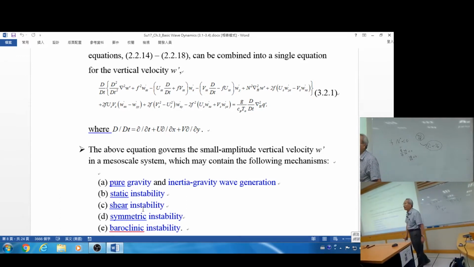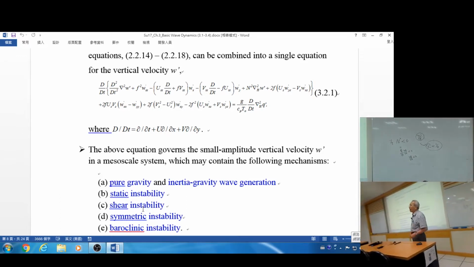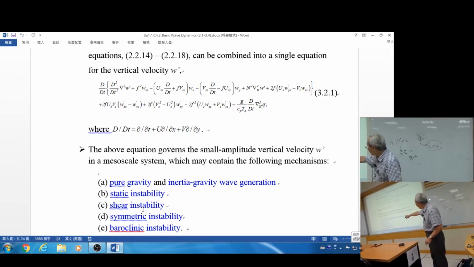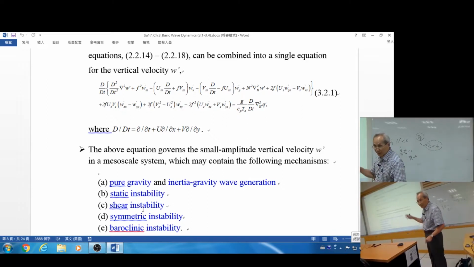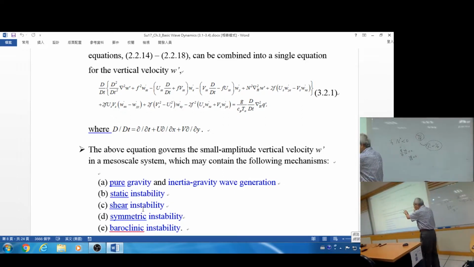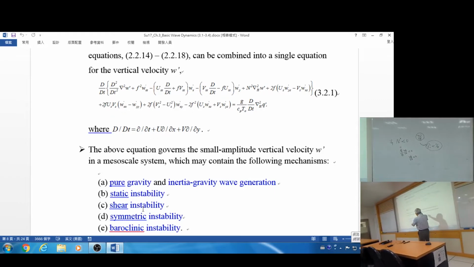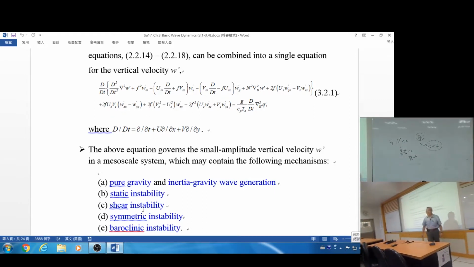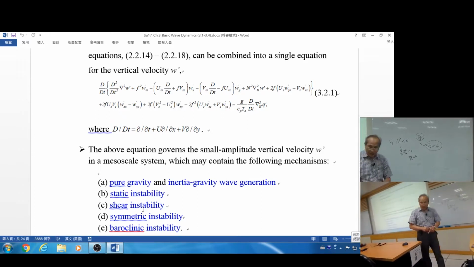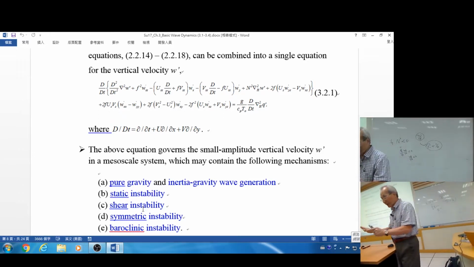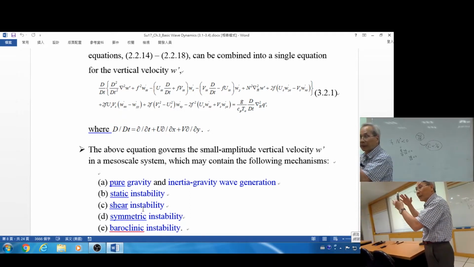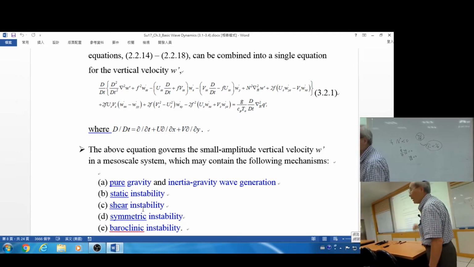Shear instability, or sometimes we call it Kelvin-Helmholtz instability. Also you can have symmetric instability, and inertial instability involved. So that equation could have all of those, or part of them happening. Since it's not a sufficient condition, it doesn't guarantee all of them will happen, but if the conditions are right, some of them can.